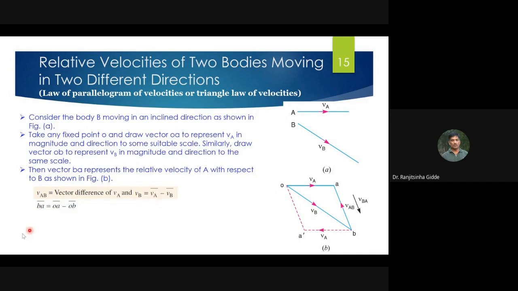OA minus OB. So this is VA. What is VA? VA is equal to this vector OA, and VB is equal to this OB.